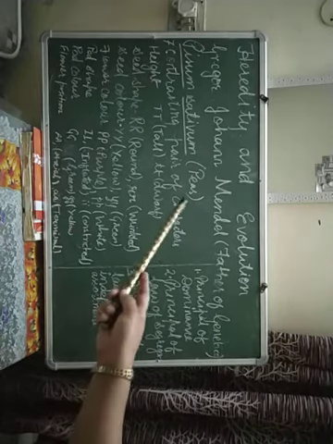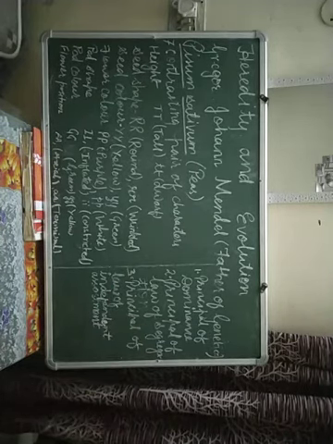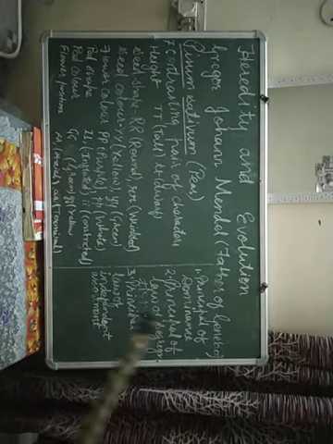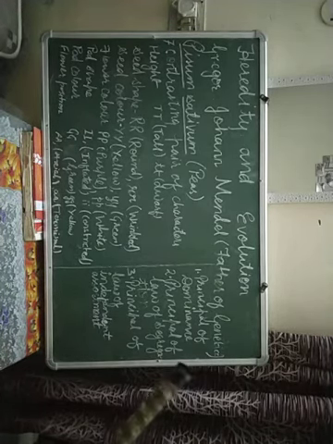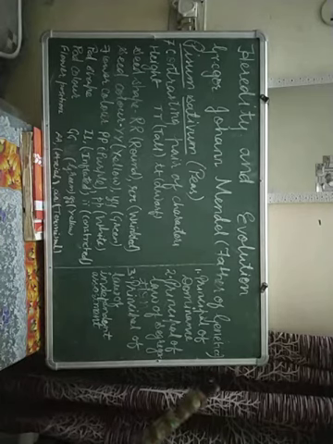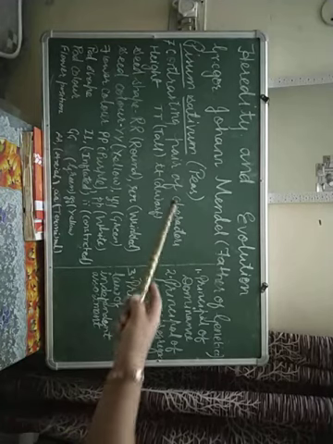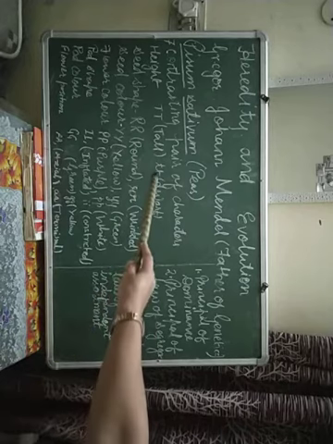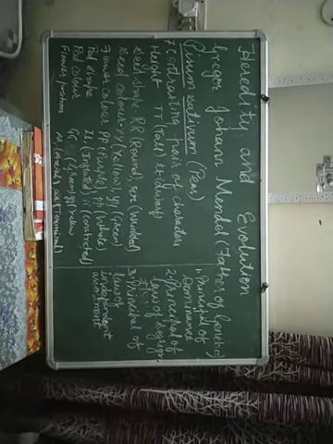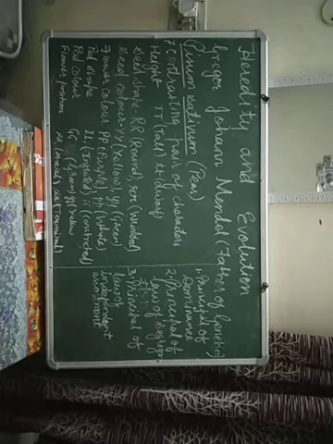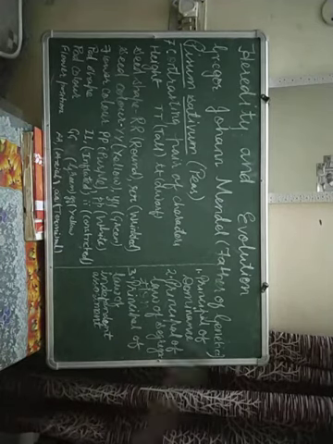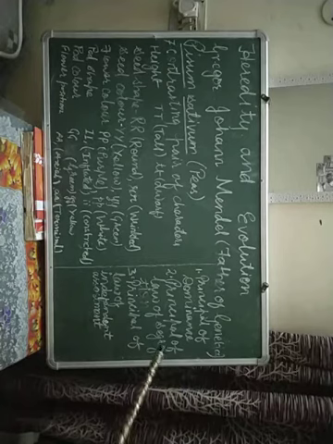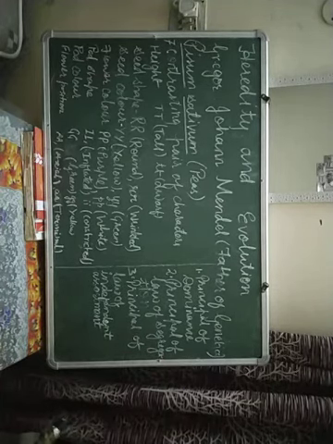But when he self pollinated the F1 plants, the F2 generation, the second filial generation, showed 3 tall plants and 1 dwarf plant. That means the recessive character was expressed only in the homozygous recessive condition. When both recessive characters were together, only then were they able to exhibit their feature. From this he drew the principle of dominance.